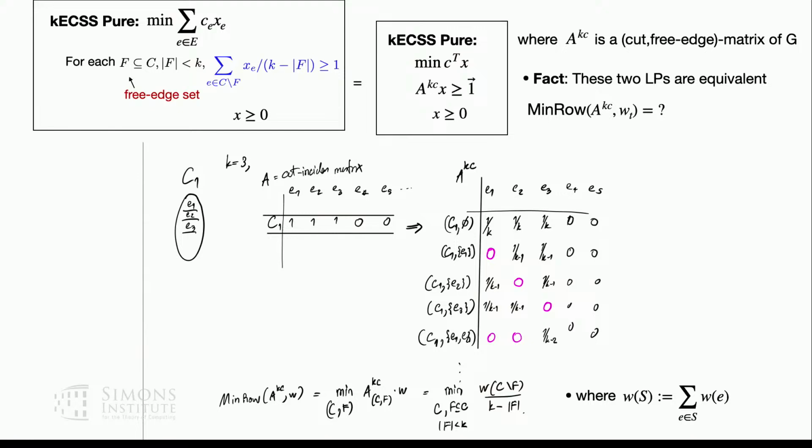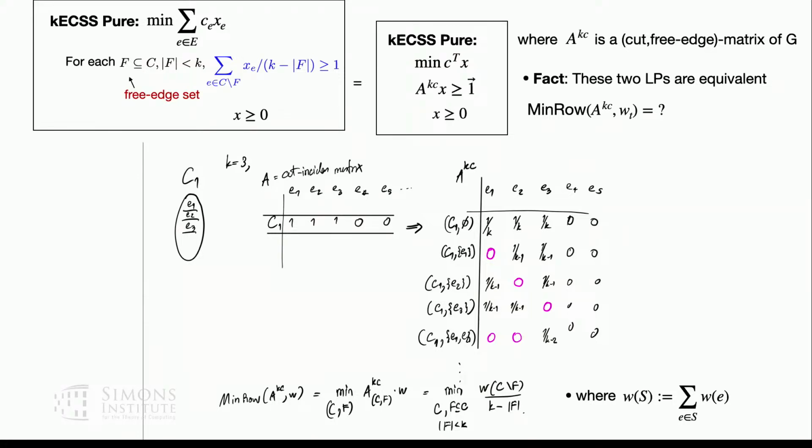Okay. Now, looking at the formula for the min row problem, you just look at this matrix A with the new constraint added, and look at the weight function of each edge, right? And the min row problem asks for minimizing the inner product between the row of the matrix and the weight, right?